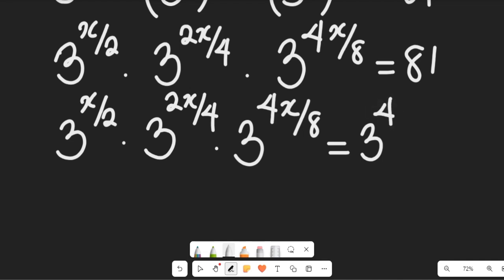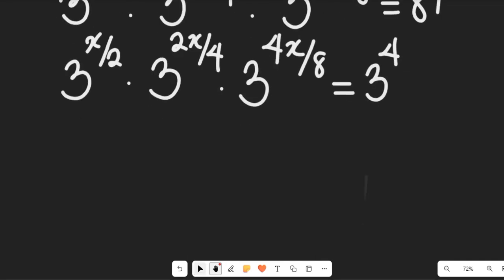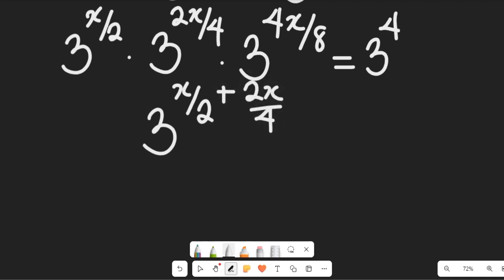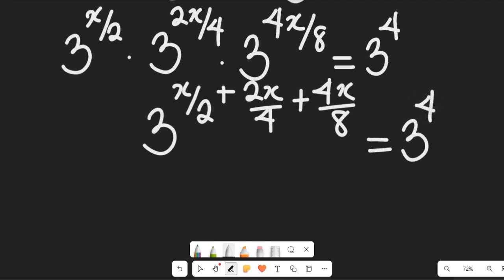Great. So we have all three with the same base. We can easily simplify now. Remembering the law of indices, this gives me 3 to the power of x divided by 2 plus 2x divided by 4 plus 4x divided by 8, and this will be equal to 3 to the power of 4.